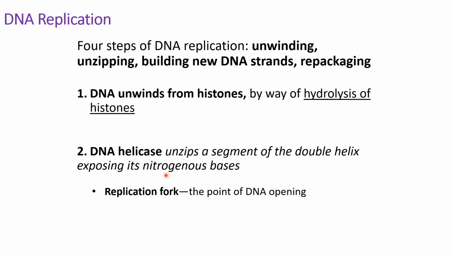So DNA helicase serves to unwrap or unzip the double helix. Where this is occurring, we call this a replication fork. This is basically the point at which we have two single strands instead of the double strand of DNA.